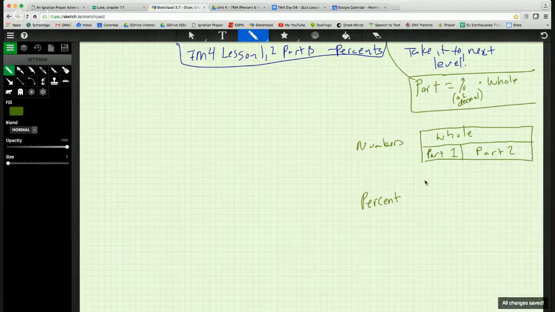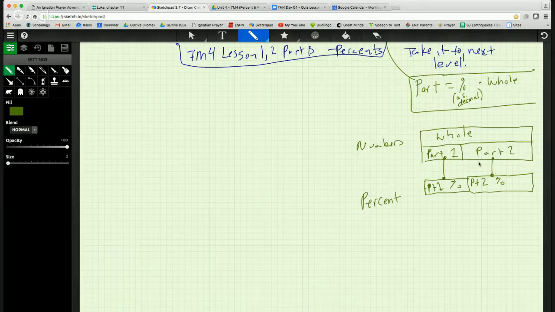And connected to that, we're going to have a percent. It's going to be part 1%, and that's going to connect directly to this. And over here, we're going to have the part 2%, and that's going to connect to here.